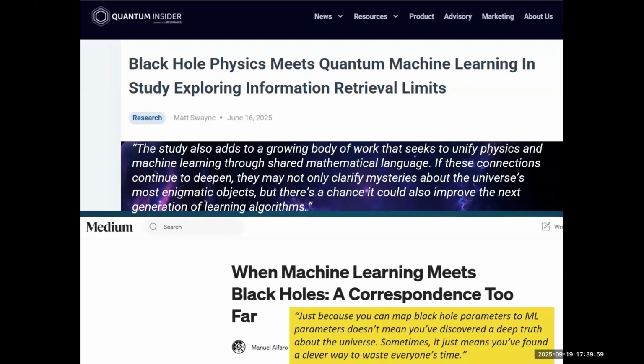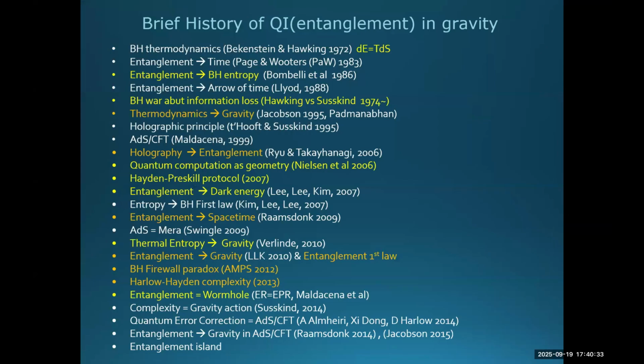Medium is just an IT industry journal. Quantum Insider is especially for quantum information, a magazine. Medium is usually focused on AI, blockchain, or usual IT topics. So that's why the Medium article is maybe not written by physicists. They do not know the black hole.